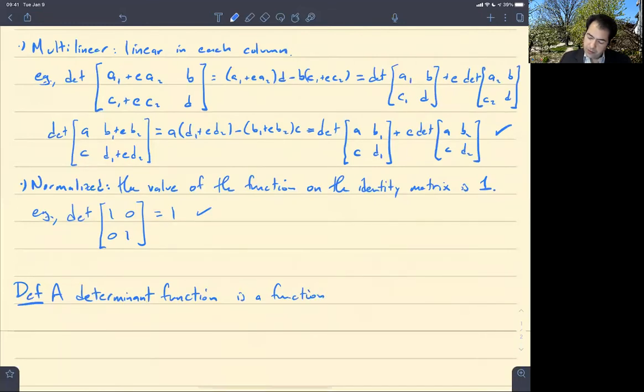So this will be a function, let's call it D sub n, from n by n matrices with entries in the field F to the field F, that is alternating, multilinear and normalized.